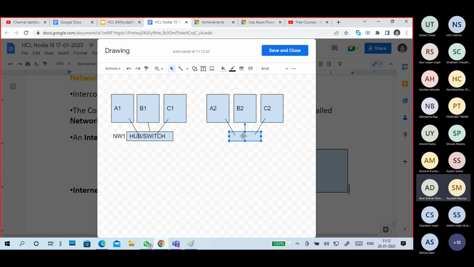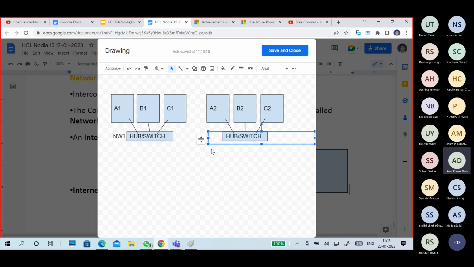Same goes for this one also, connected devices through a hub or a switch. Not for a definition, I'm just trying to say, so like one LAN communication, this is another LAN. This is another network. Two networks.